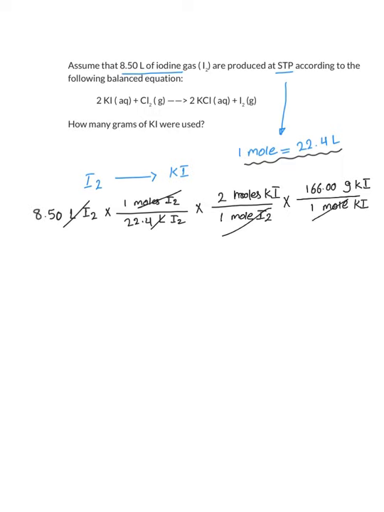So moles will cancel out, and doing the math, it would be 125.98 gram, and to the correct number of sig figs we have 126 grams of potassium iodide.